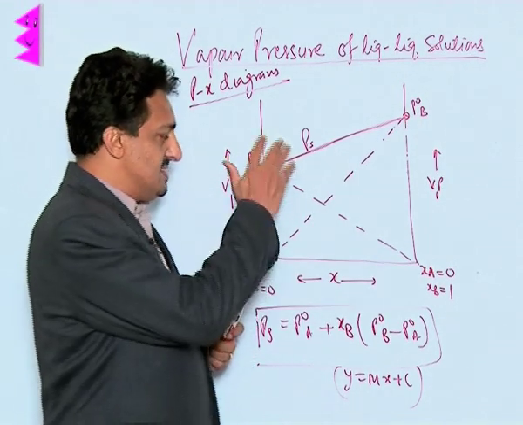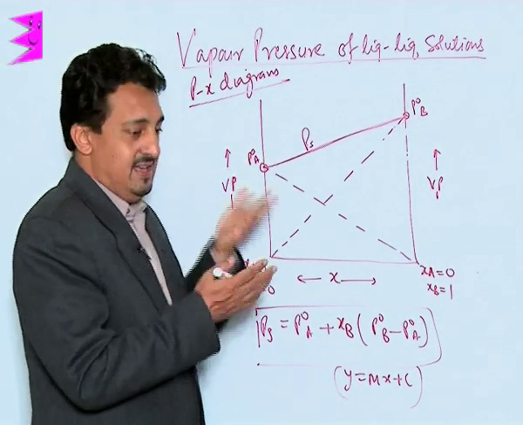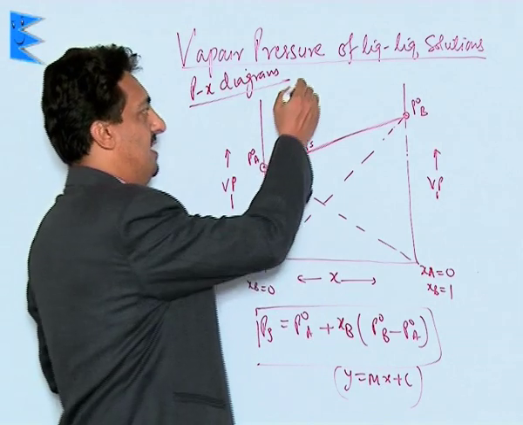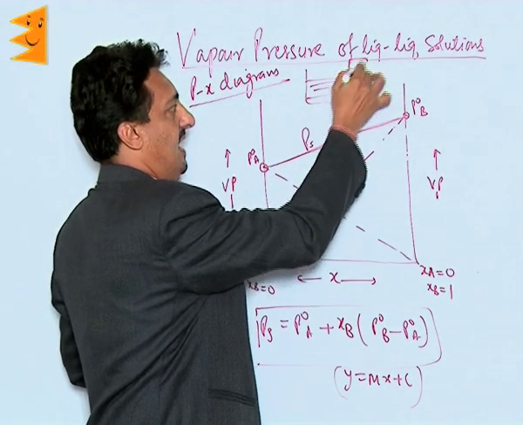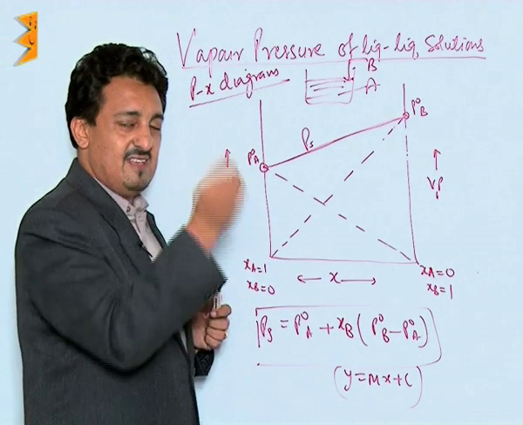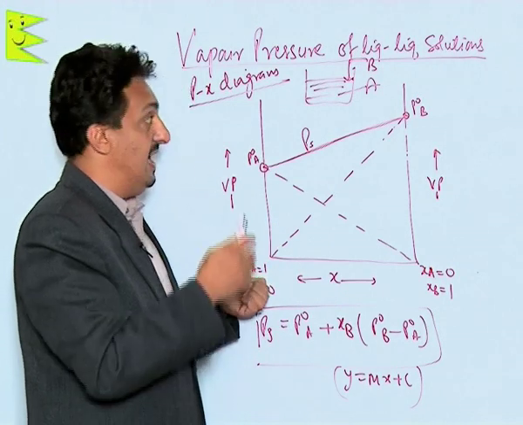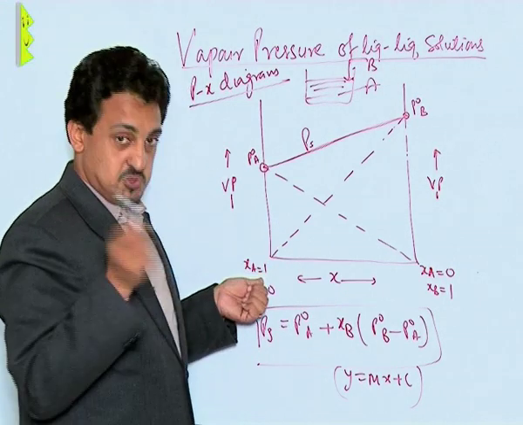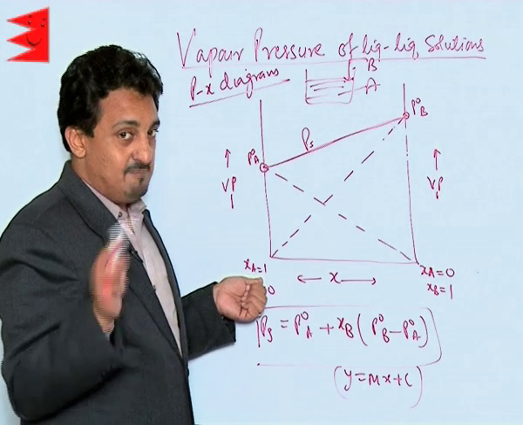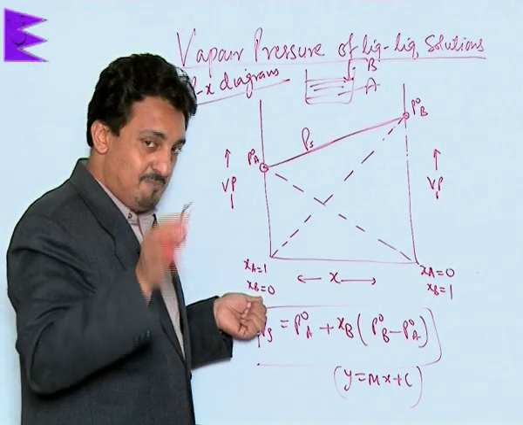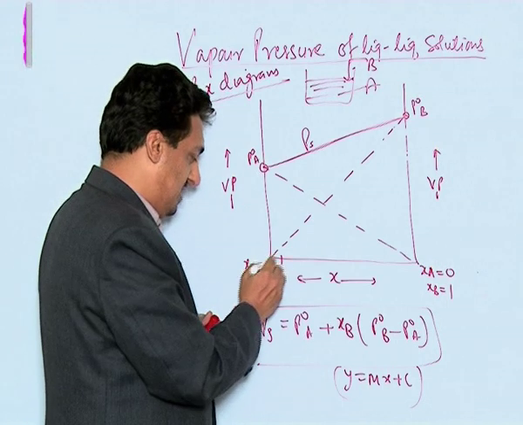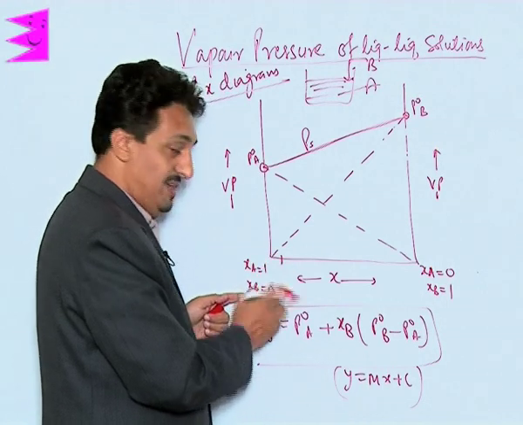Now suppose you already have a solvent in the beaker. Already this beaker has a certain solvent A. Now to this we are adding B. When A was present alone, its mole fraction was 1. The moment you start adding B, whose mole fraction was initially 0, the mole fraction of A decreases and that of B increases.